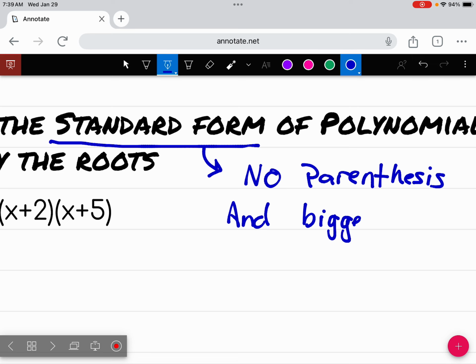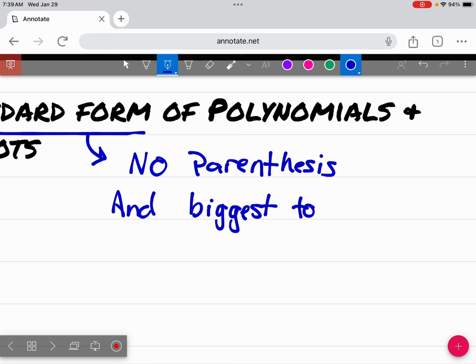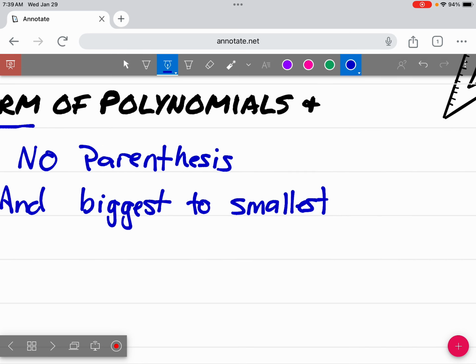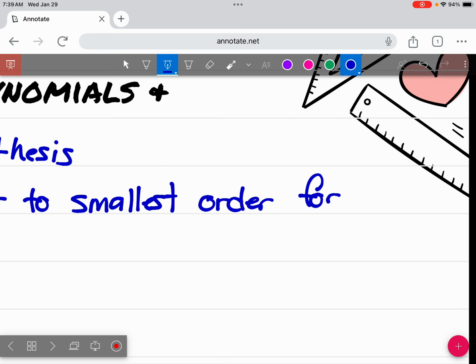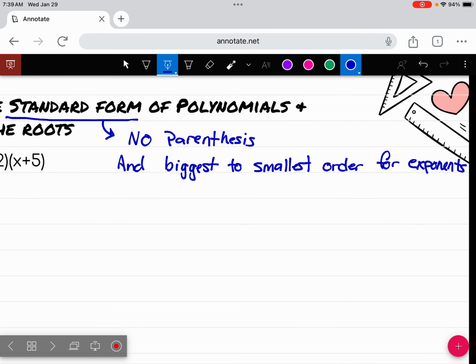Biggest to smallest order on our exponents. No parentheses.